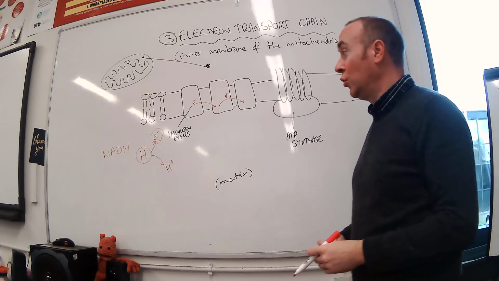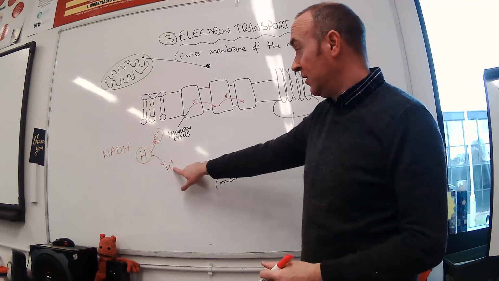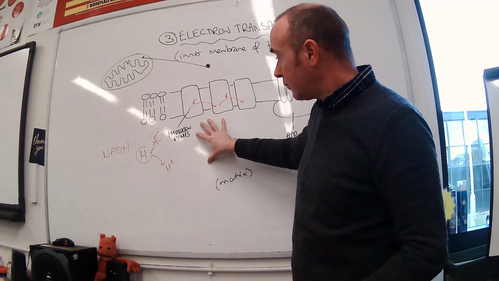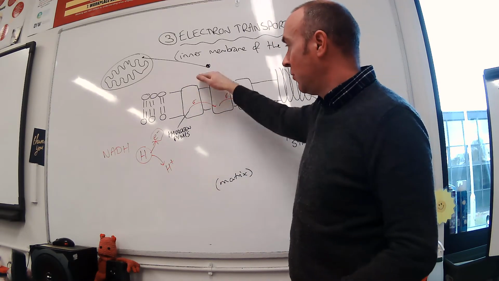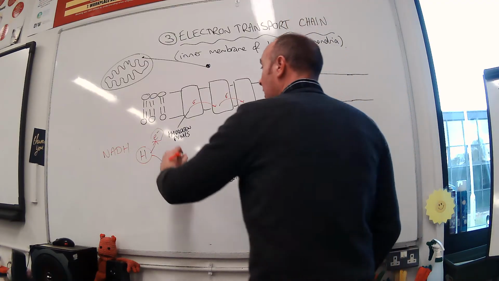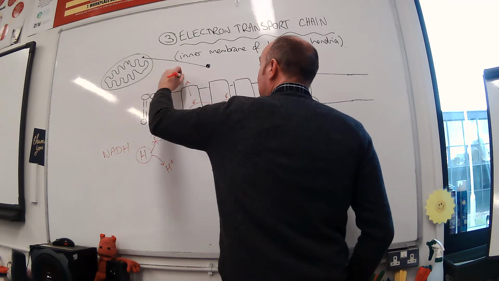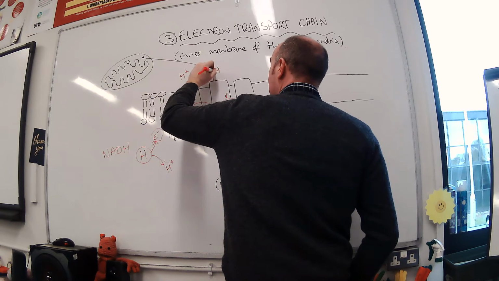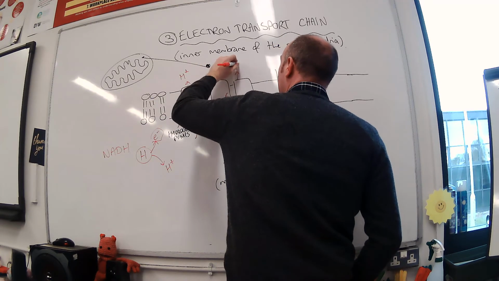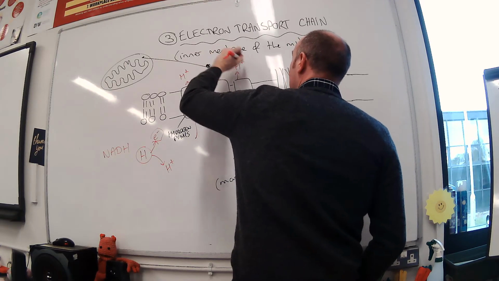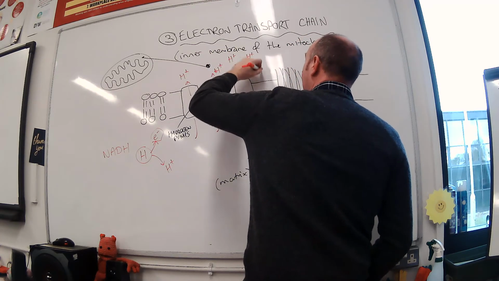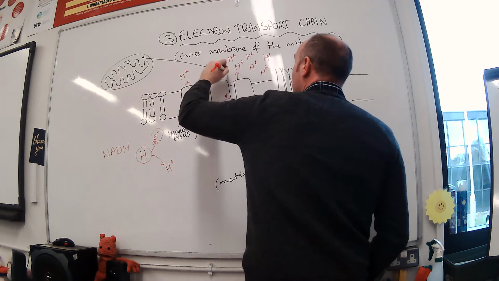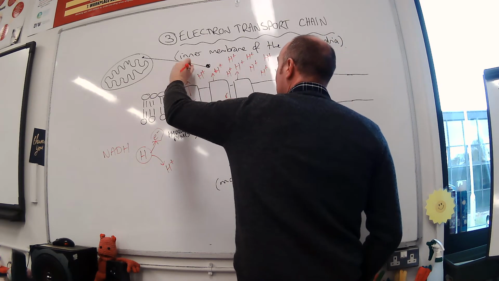It gives them power to pump the hydrogen, and the hydrogen is then pumped out of the matrix into this space outside the inner membrane. So lots and lots of hydrogen gets pumped out because of these electrons that are being used to provide the power. So what ends up happening is you are creating a very, very high concentration of hydrogen ions outside the matrix.